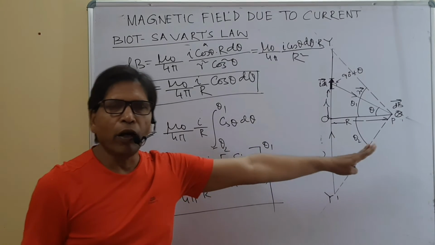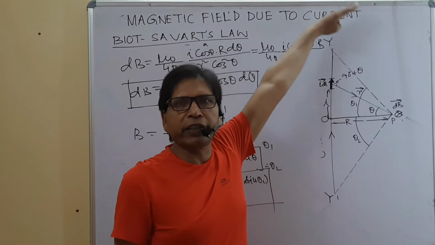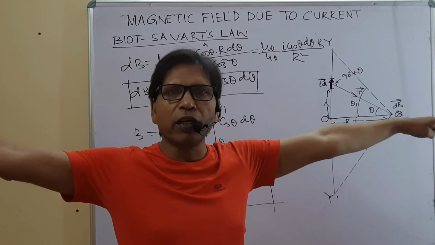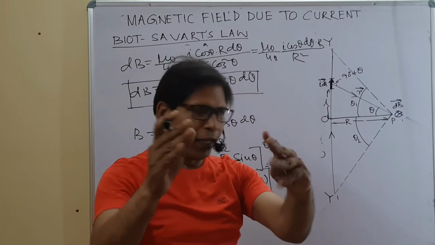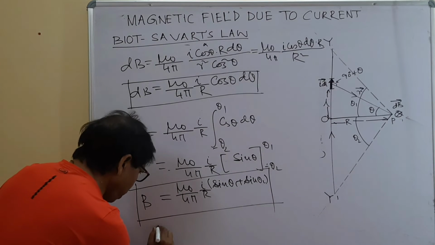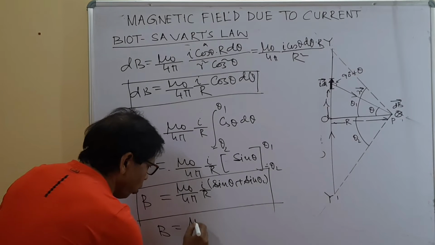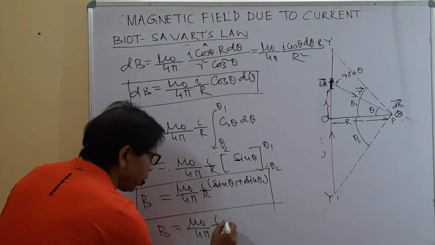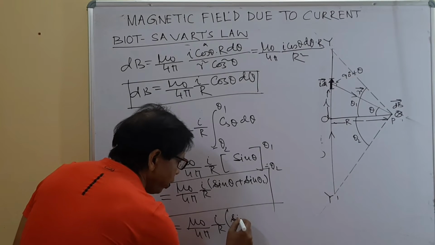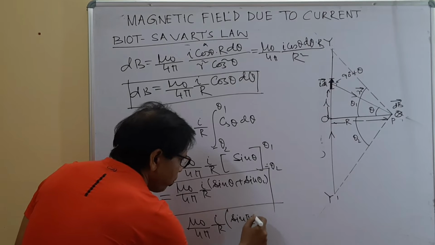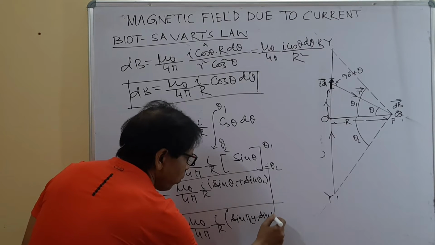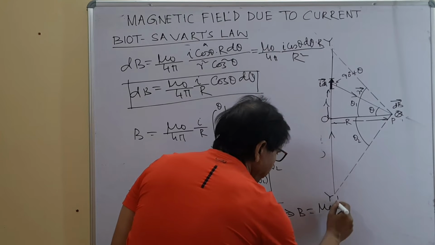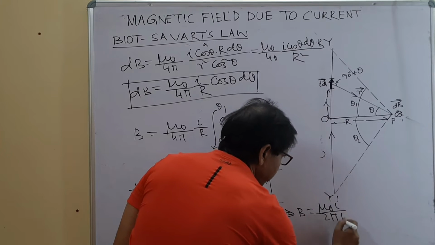Now for an infinitely long straight conductor, θ1 and θ2 become 90 degrees. Then the magnetic field B becomes μ0 by 4π, I by capital R, into (sin π/2 plus sin π/2). Therefore B equals μ0 I by 2πR.